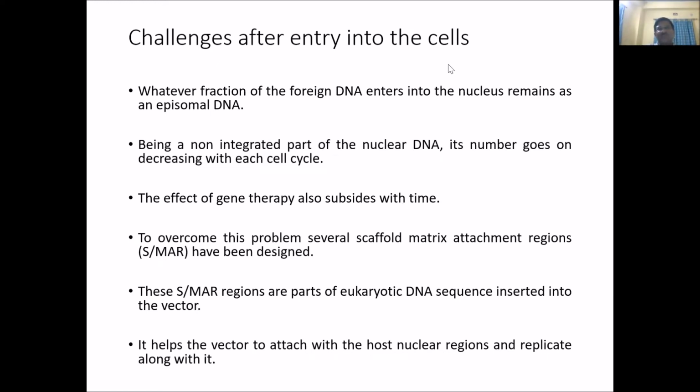The major problem with introduced DNA is that even if it enters the cell, particularly if it is a viral vector DNA, it remains as an episomal DNA because it is not integrated into the nuclear DNA.